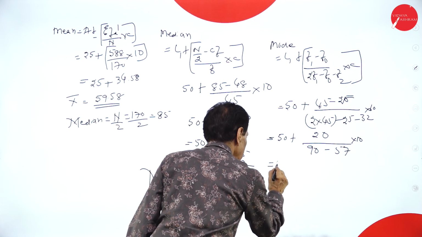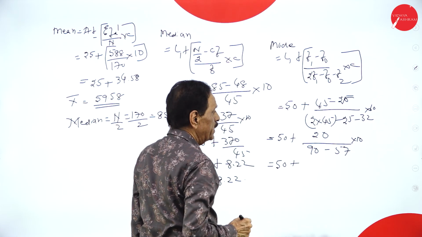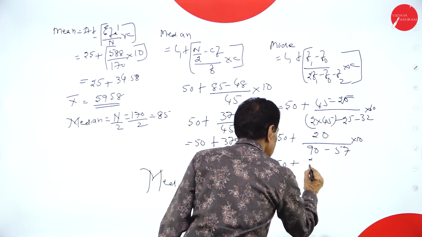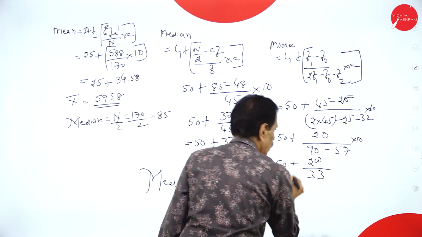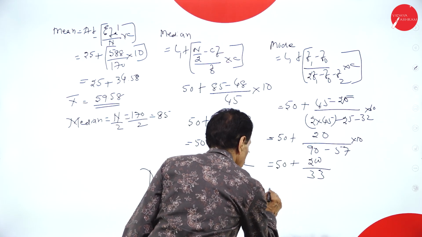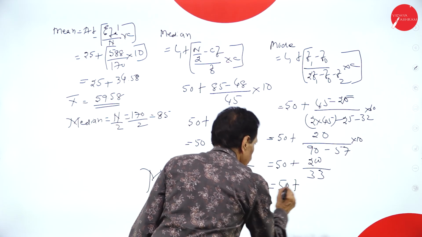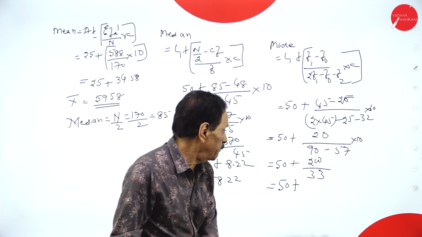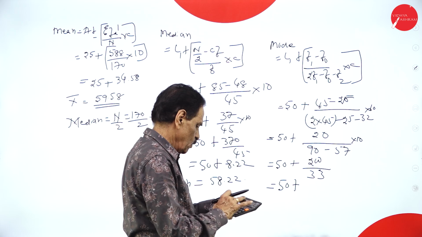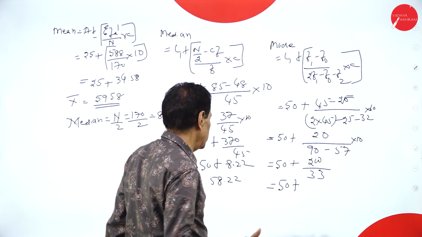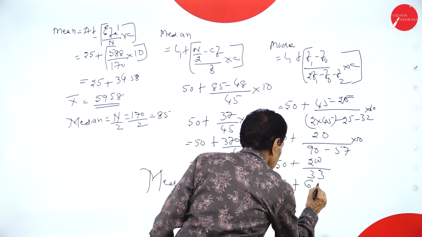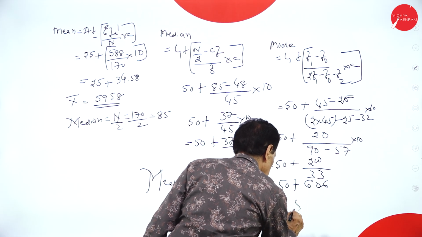This is 50 plus 20 into 10 is 200, divided by 33. 200 divided by 33 is 6.06. 56.06.